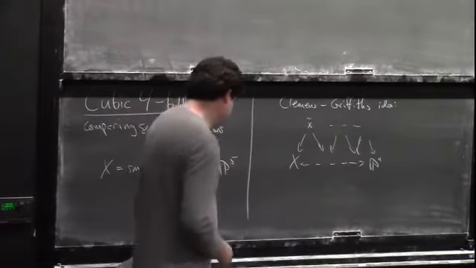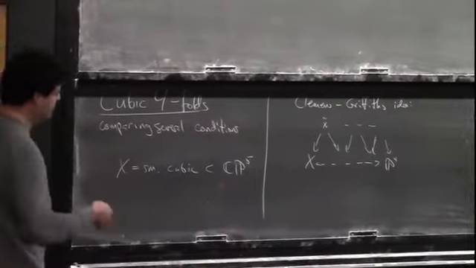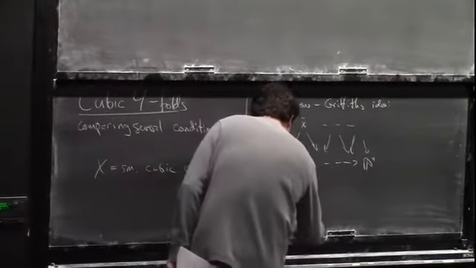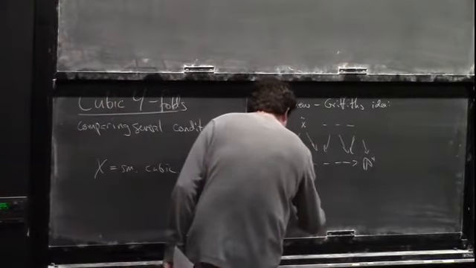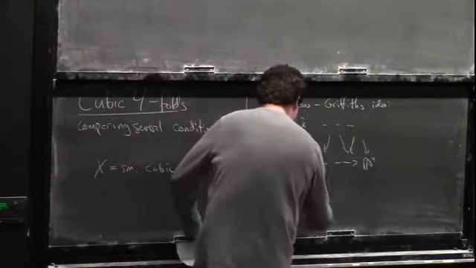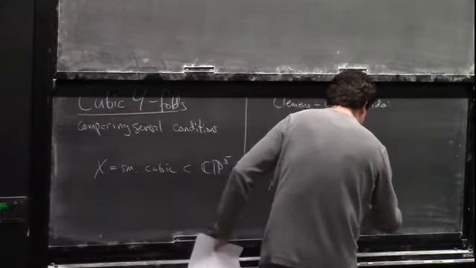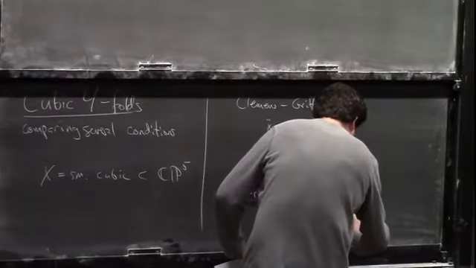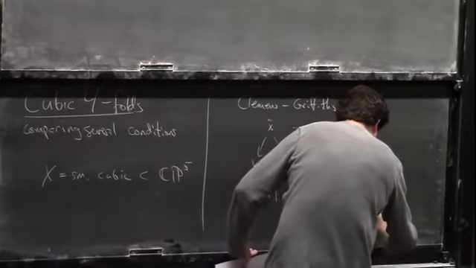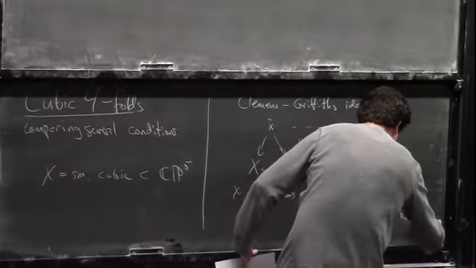And then, because you're always blowing up along points and smooth curves and smooth surfaces, the idea is that if X is rational, then the motive of X comes from curves and surfaces from lower dimension.